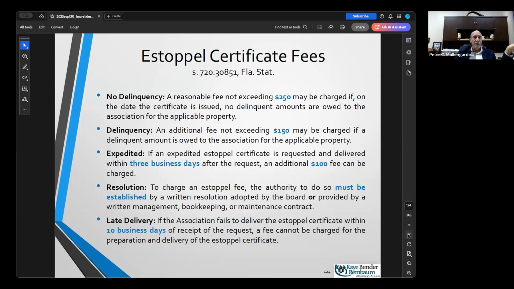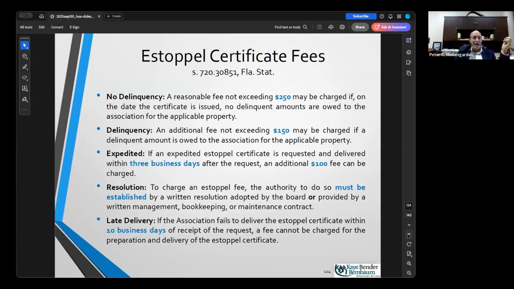Now, about the fee. If the lot is current, in other words, it's not delinquent, you can charge up to $250 for the estoppel. If the lot is delinquent, you can add on $150 to the estoppel fee.